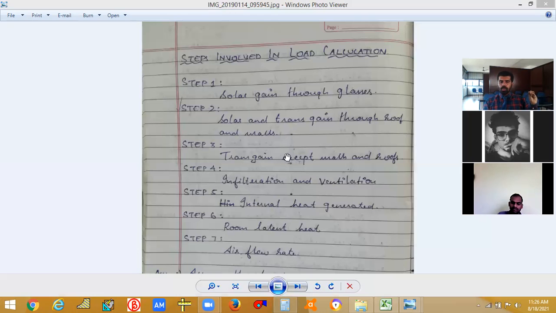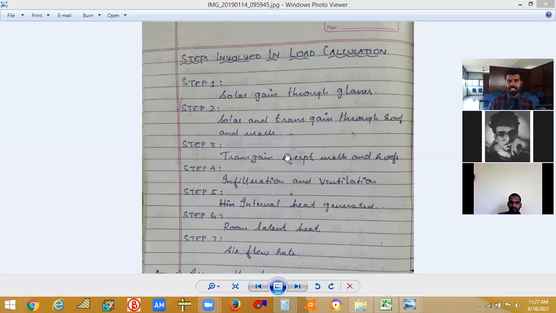It is very similar to the Origin sheet, not the same but similar, in the sense that we are trying to get the heat transmitted from sunlight, walls, roofs or electrical equipment. We have these 7 steps through which we find out the heat transmitted into our room.